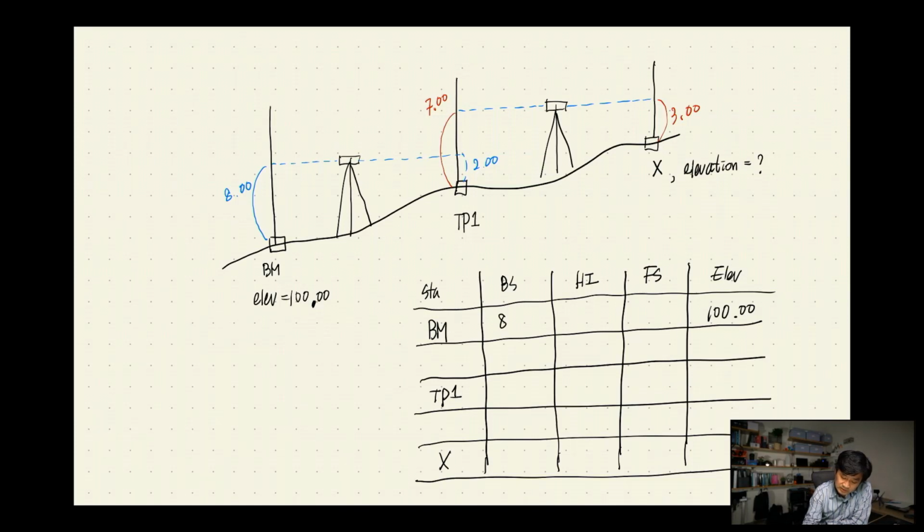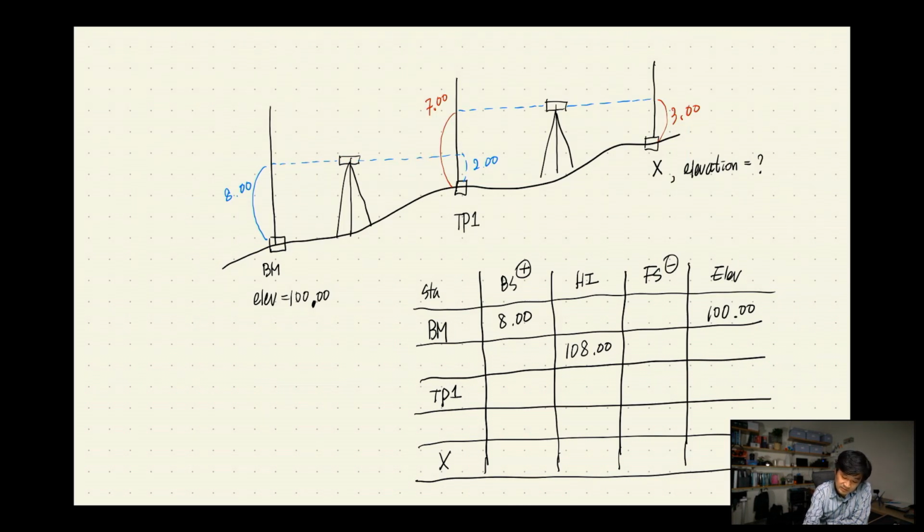The backsight is 8.00, which will be positive; foresight is always negative. So 100 plus 8 is going to be 108.00, sorry about that, because we need to add this to the height to make the elevation of this level line over there.